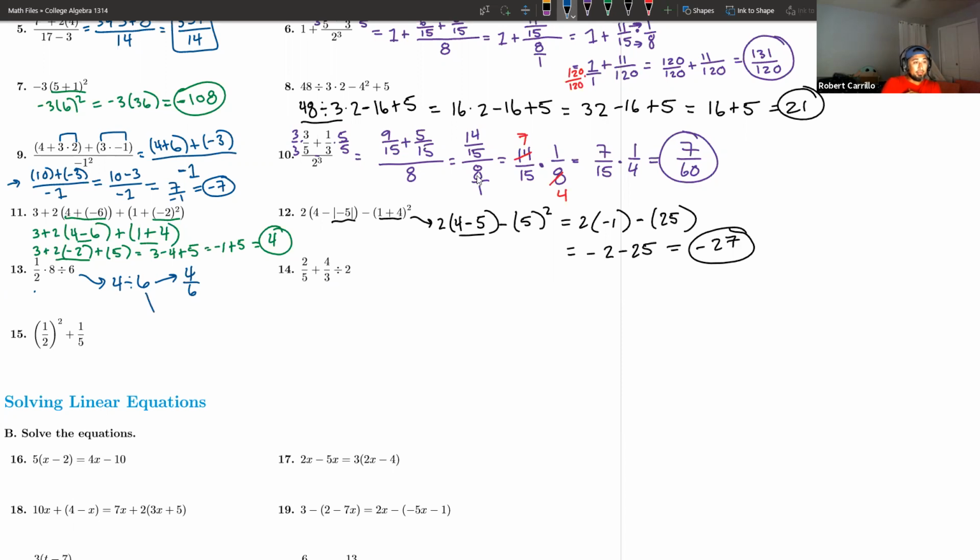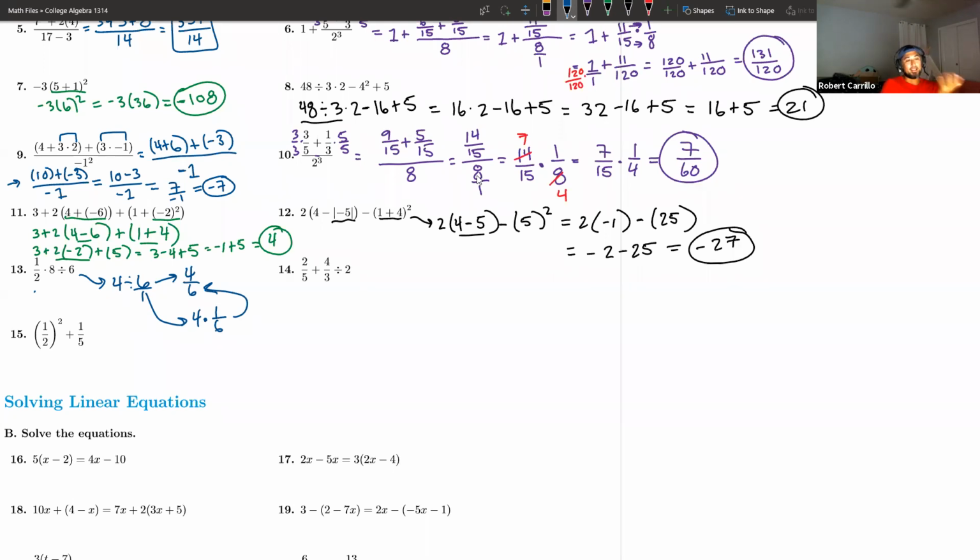Or if we decided to go the reciprocal route, I would put 6/1 and multiply by the reciprocal, which would be 1/6. And guess what 4 times 1/6 is? 4/6.